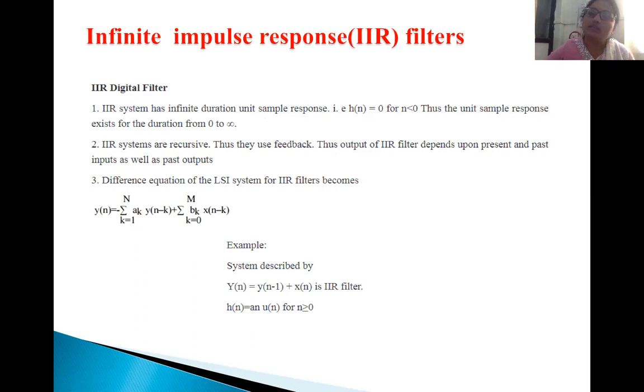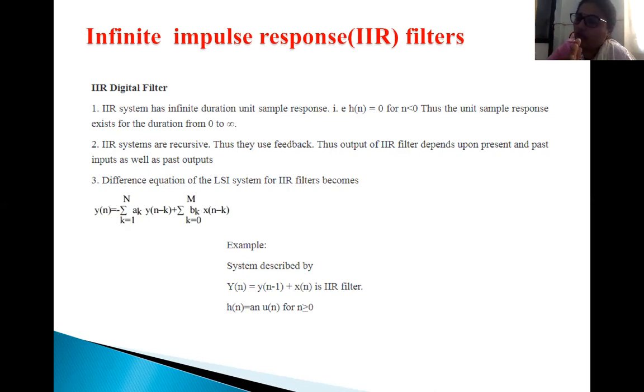So this is the biggest difference between FIR and IIR. In the IIR, the unit sample response is infinite. So we can say h of n equal to 0 when n is less than 0. Otherwise, the unit sample response is present over time. It is equal to 0 only when n is less than 0.